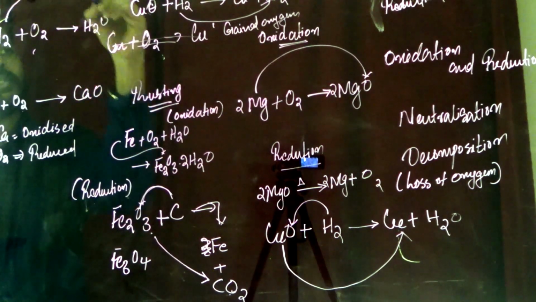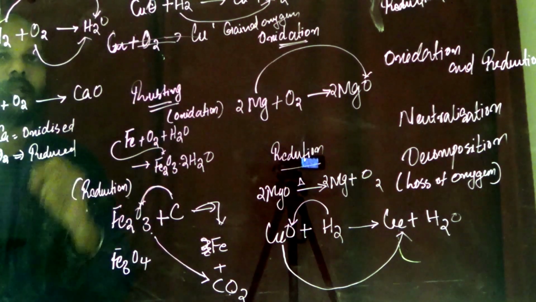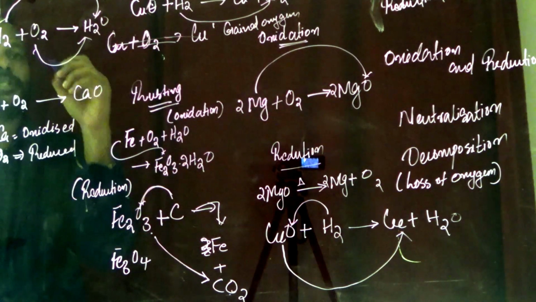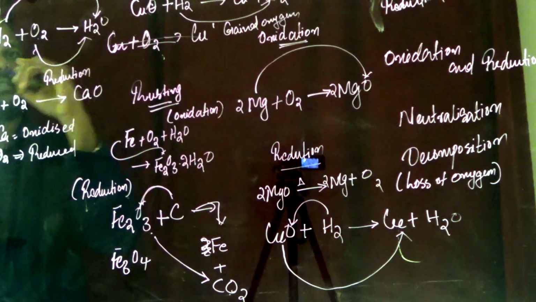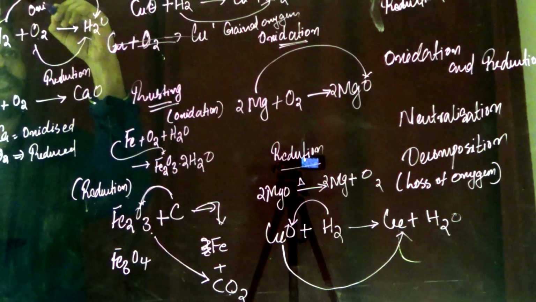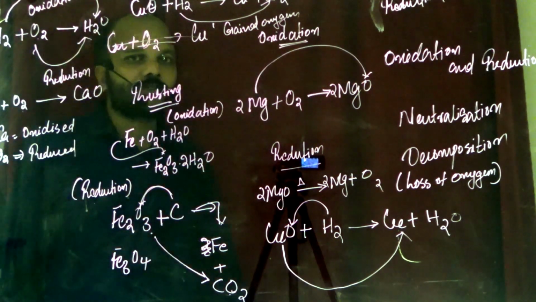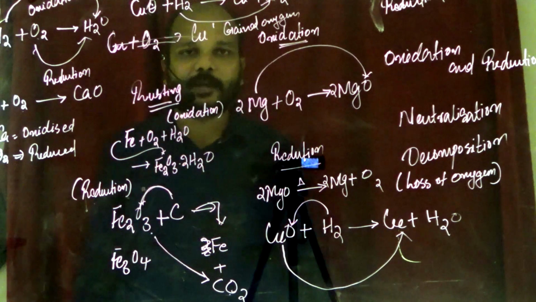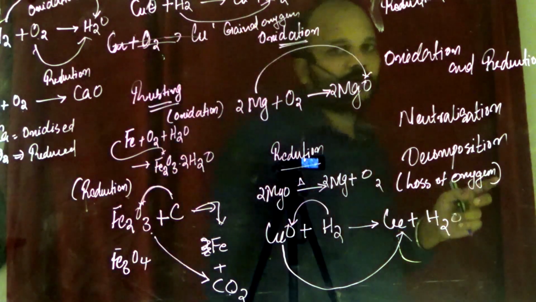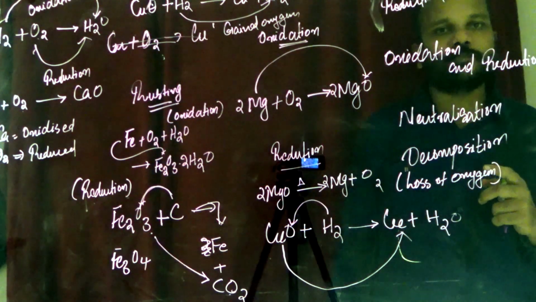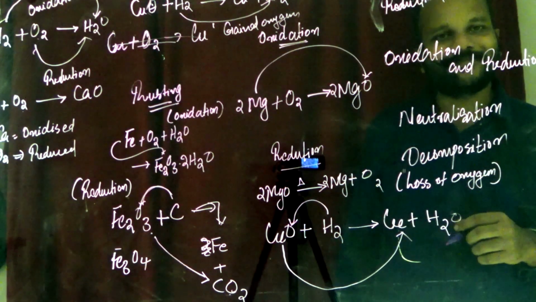Hydrogen gained oxygen, so oxidation took place for hydrogen, and reduction took place for oxygen. So oxidation and reduction happen simultaneously. In any redox reaction, one species gets oxidized and the next species gets reduced.